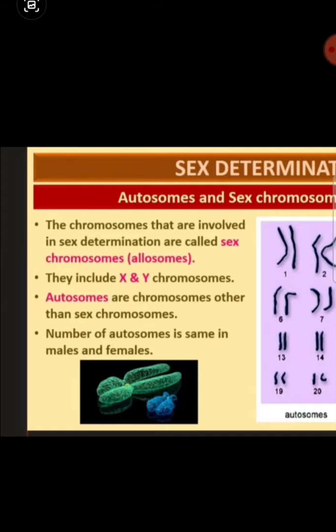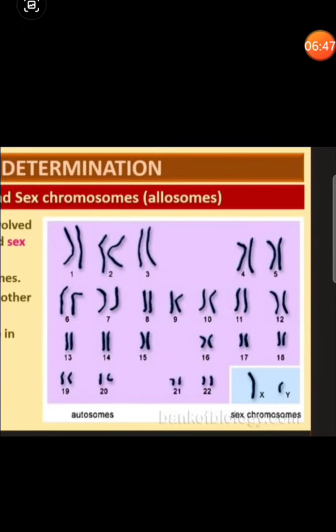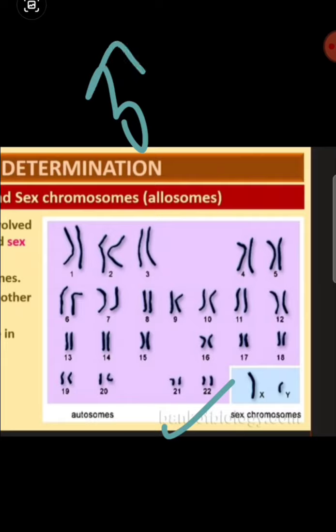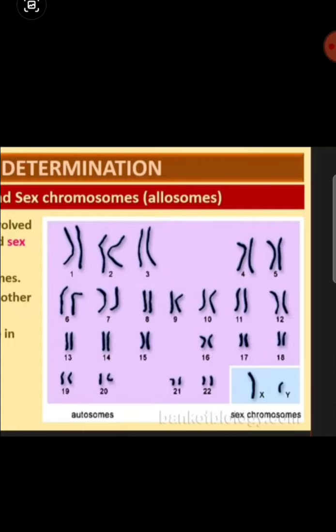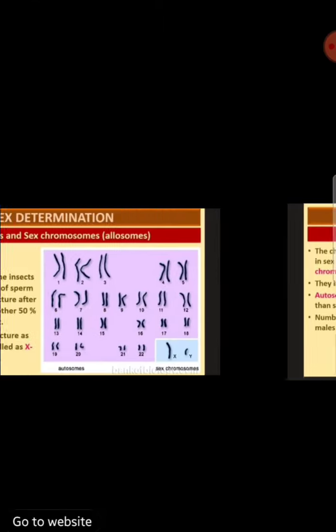The number of autosomes is the same in males and females. So these 22 pairs, or 44 chromosomes, will be the same in male as well as female in normal condition, and only the sex chromosomes will vary between male and female.